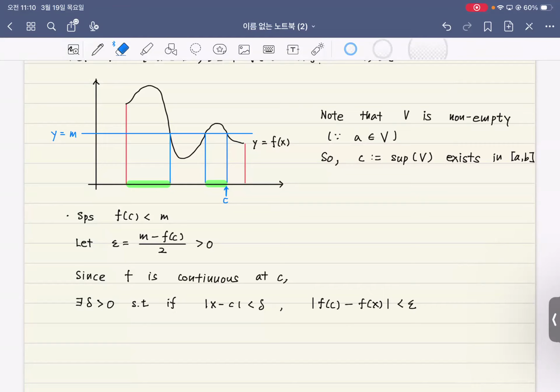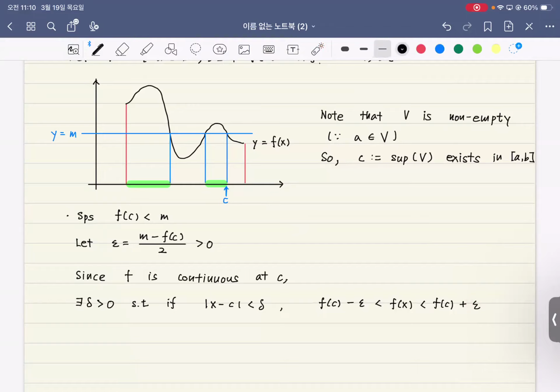But I will rephrase this inequality like this: f of x lies between f of c minus epsilon and f of c plus epsilon. So these two inequalities are both true, but I want to focus on this inequality. So what if I plug this epsilon in here?